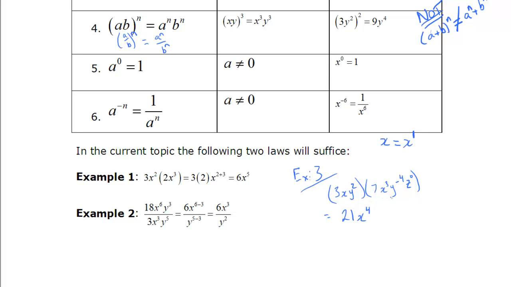Y squared times y to the minus 4, so we're going to add the exponents. So that becomes y to the minus 2. There's no z here. There's z to the 0 here. Remember, z to the 0 means 1, so we can just put 1. We will do one more simplification because we have a negative exponent, and we never really want to leave negative exponents. So anytime we have a negative exponent, we can put it in the denominator.